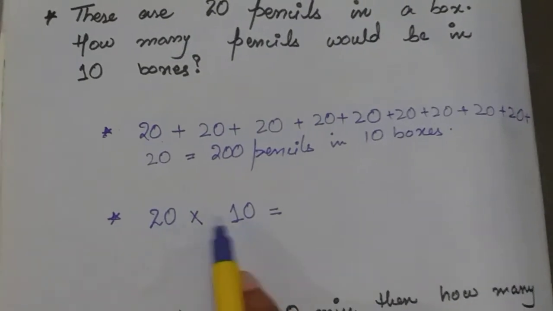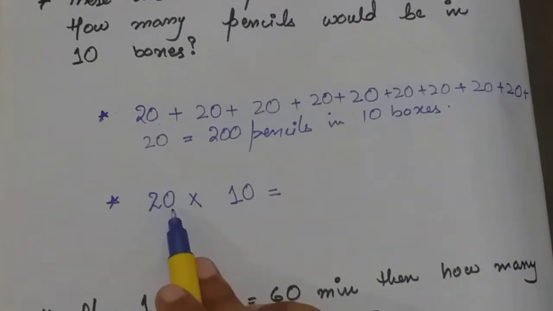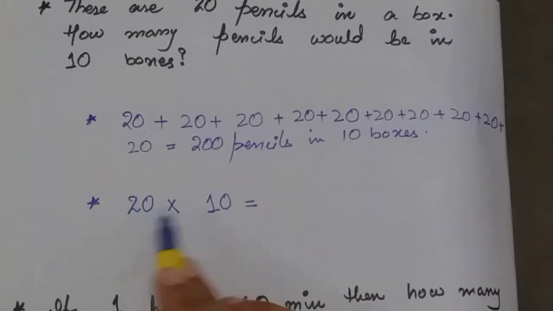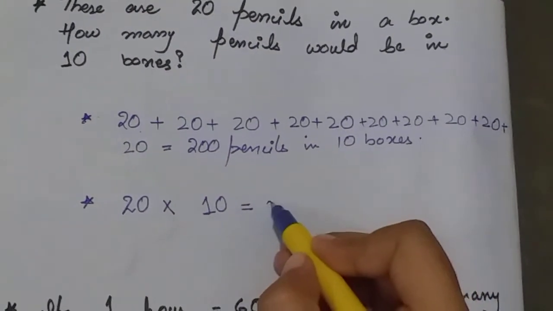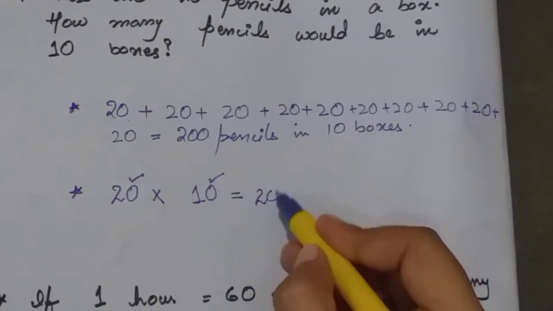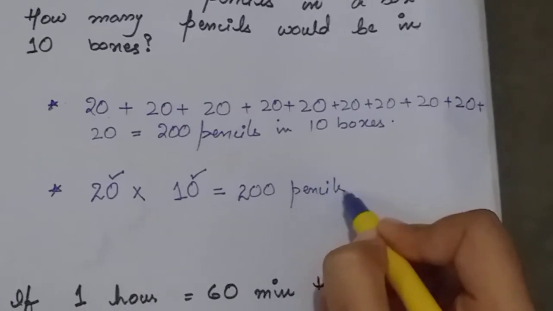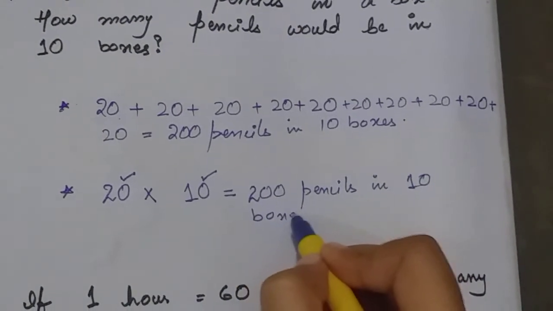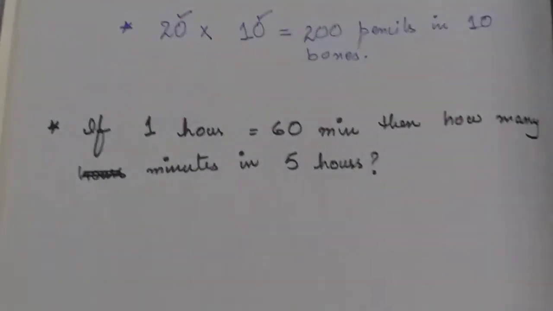So we will multiply these two numbers by the same trick which we have recently learned. We will ignore these two zeros and multiply the remaining numbers. 2 multiplied by 1 is equal to 2, and we will add these two zeros at the end of our product. So we have found 200 pencils in 10 boxes. Now let's move to another example.